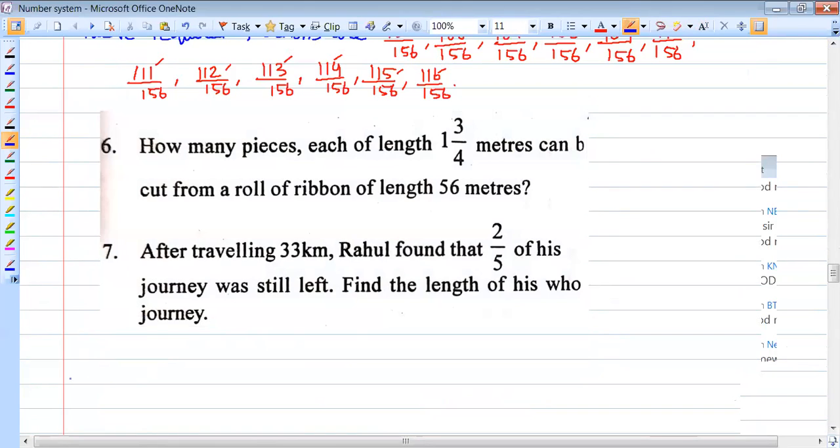How many pieces, each of length 1 3 by 4 meters, can be cut from a roll of ribbon of length 56 meters?